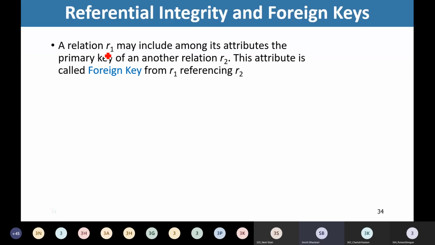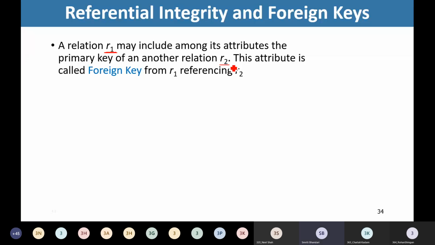Say for example, we are having a relation R1, and this relation R1 includes the attribute of another relation R2, and this attribute is the primary key of the other relation R2.